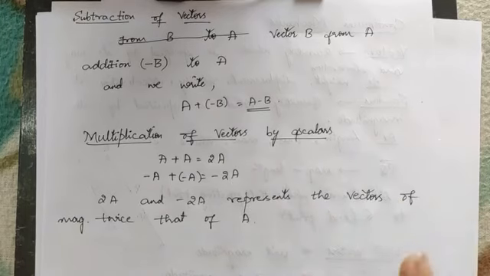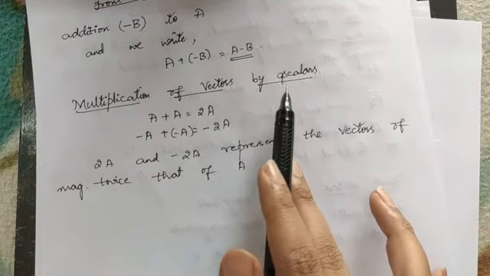So in general, I can define multiplication of vectors as follows.